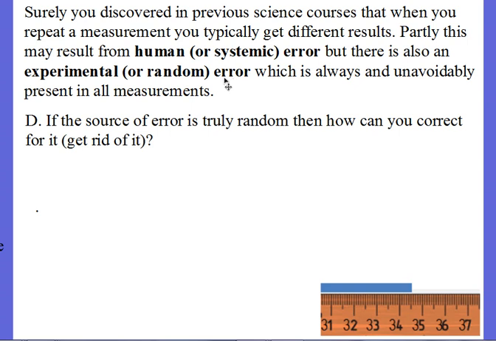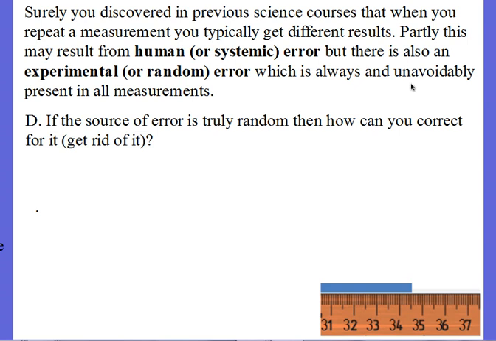And this is the nature of our universe. It does not give us the same appearance when you look at it twice. The universe has changed. It is a random process that gives rise to this. We call it random error or experimental error. And it's unavoidable. It's the way our universe is.